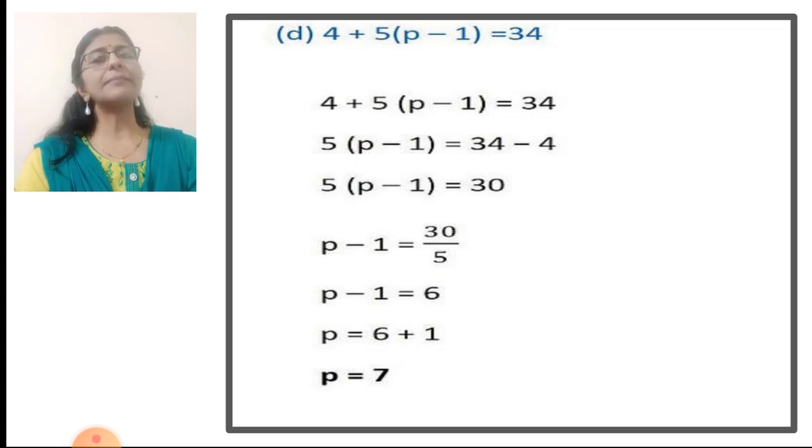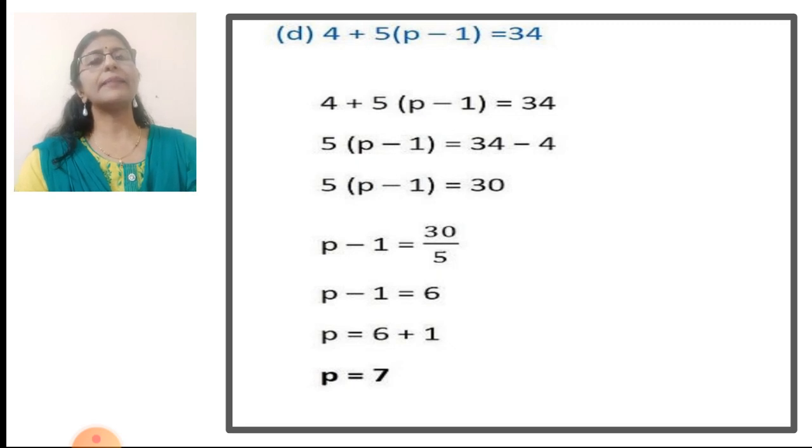So the next step will be p minus 1 without the bracket, and you can write 5 upon 5. 5 is cut. And then on the RHS we'll write 30 upon 5. And 30 upon 5 is how much? It is 6, because you know 5 6s are 30. So the next step will be p minus 1 is equal to 6.